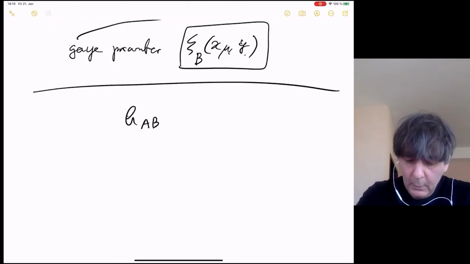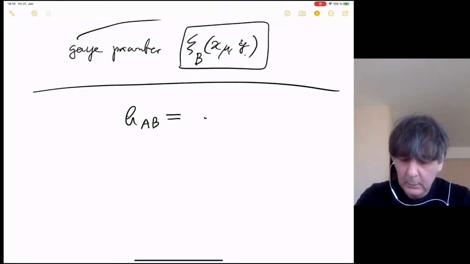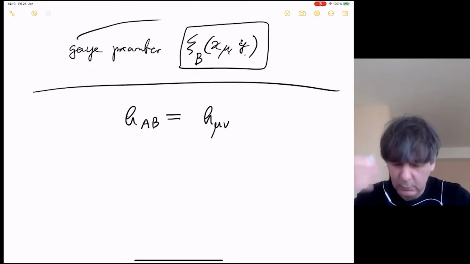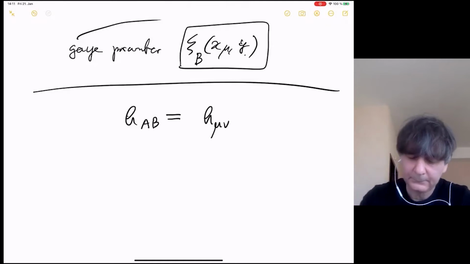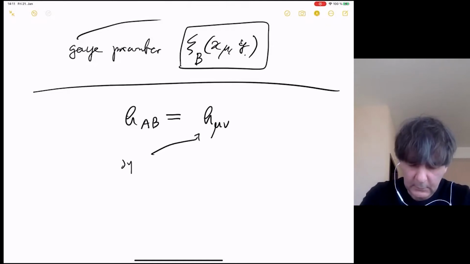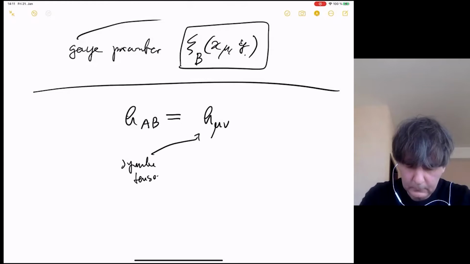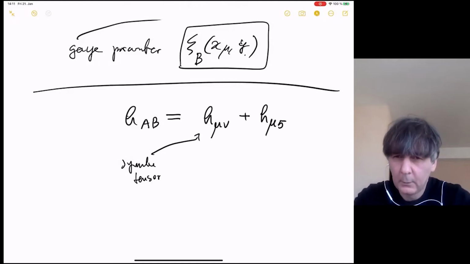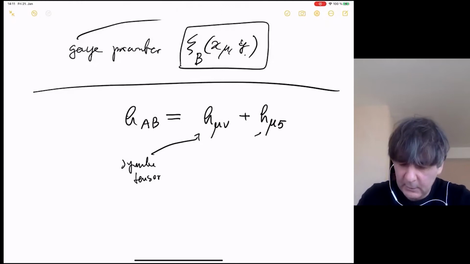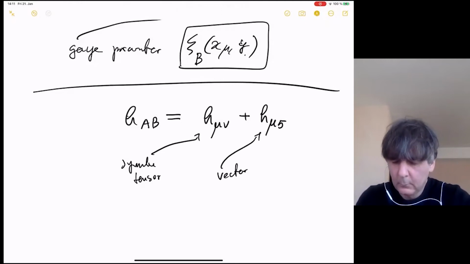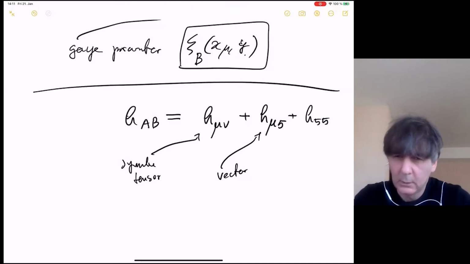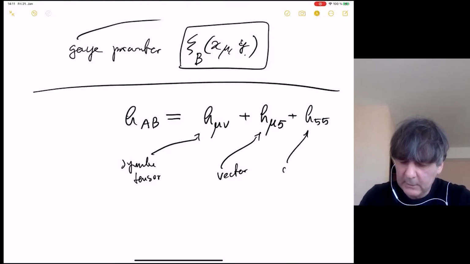Now, what is it? This gives us a symmetric tensor. Then we have something that has mixed indices, which transforms as a vector, and something that has both indices in the fifth dimension, which looks like a scalar.